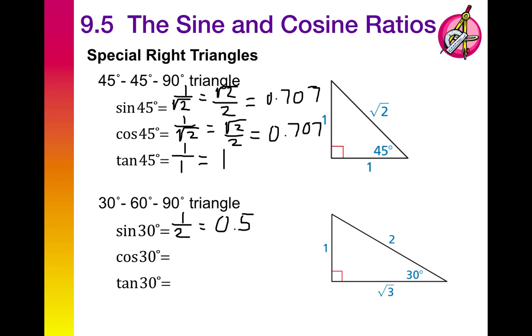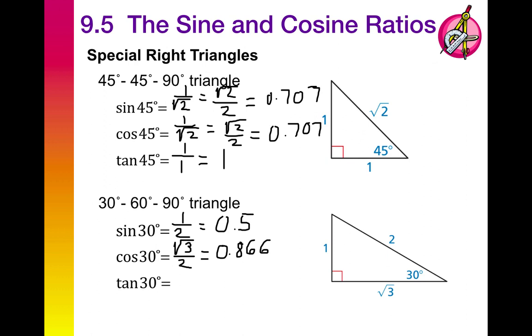The cosine of 30 uses the adjacent over the hypotenuse, so this time you're going to have the square root of 3 divided by 2. You plug that into your calculator, and the value you're going to get is approximately 0.866. You can also plug in the square root of 3 over 2 and make sure that comes out the same.